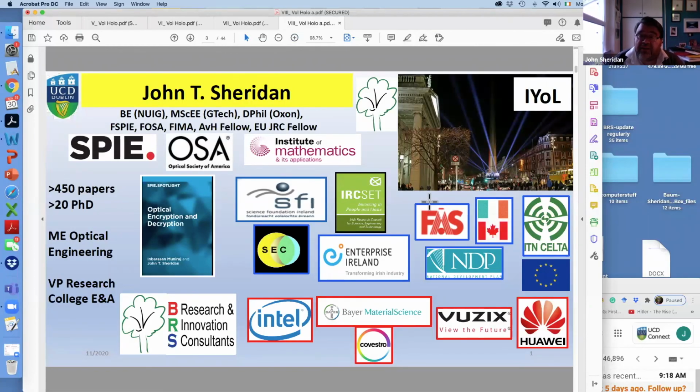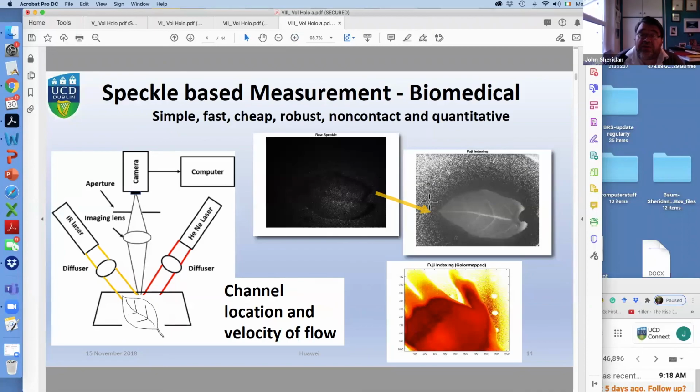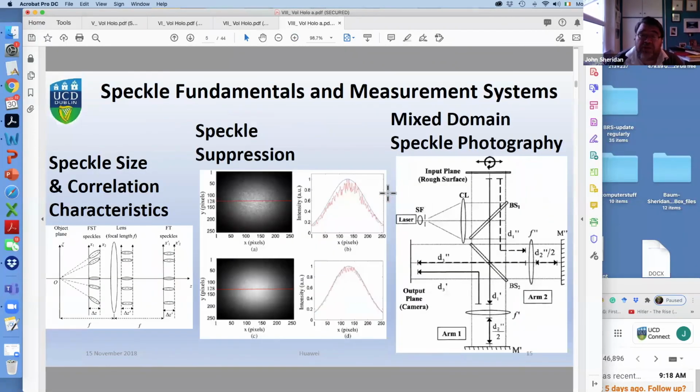And again, all the background stuff from me and a little advertisement work we've done on speckle, where we've actually looked at things like blood flow or veins on plants, and we've been able to determine those things, and also things like fundamental aspects of speckle, speckle reduction and suppression, and also the applications of speckle to metrology applications.